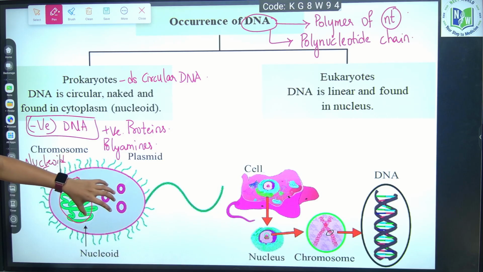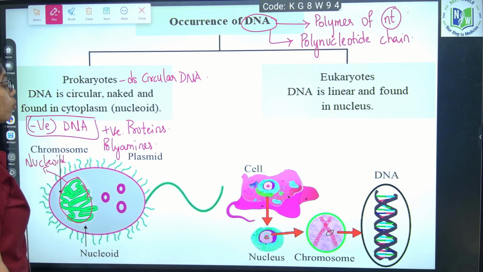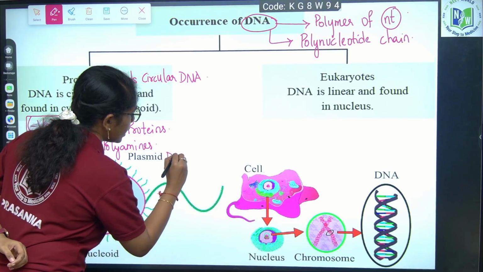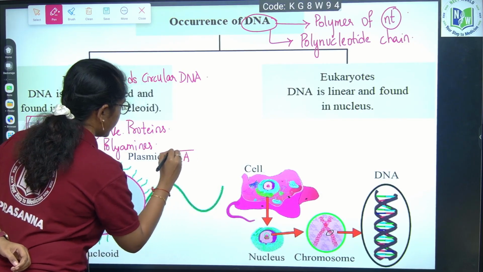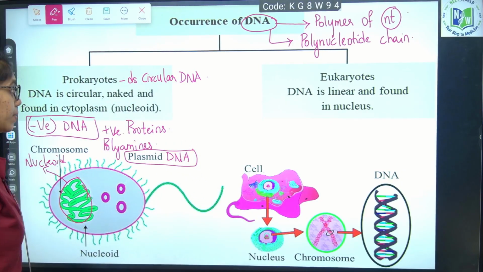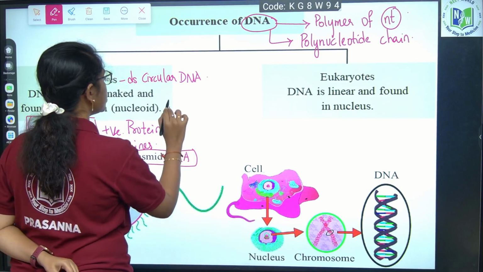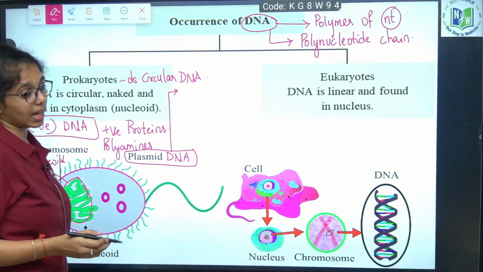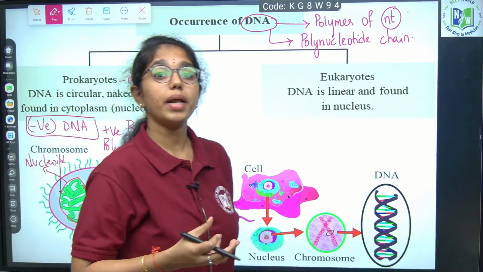Apart from this genomic DNA, you have an extra chromosomal DNA, that is plasmid DNA. What is the use of this plasmid DNA in a prokaryotic cell? Plasmid DNA plays a very peculiar role.